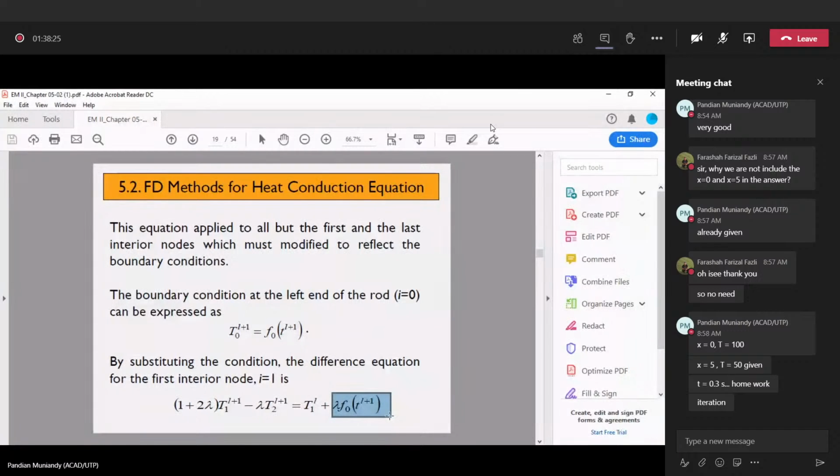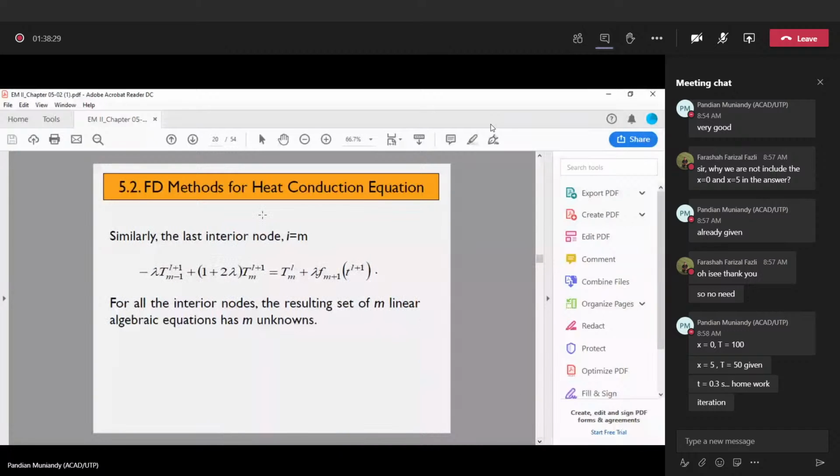So at I equals 1 it is like this, but at I equals to M, these are the interior nodes. I equals to M is like 2 cm, 4 cm, 6 cm, 8 cm.